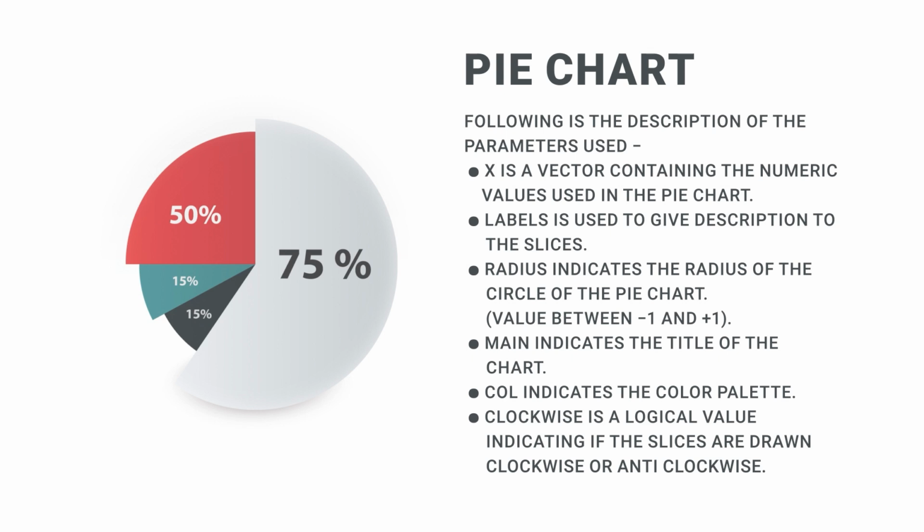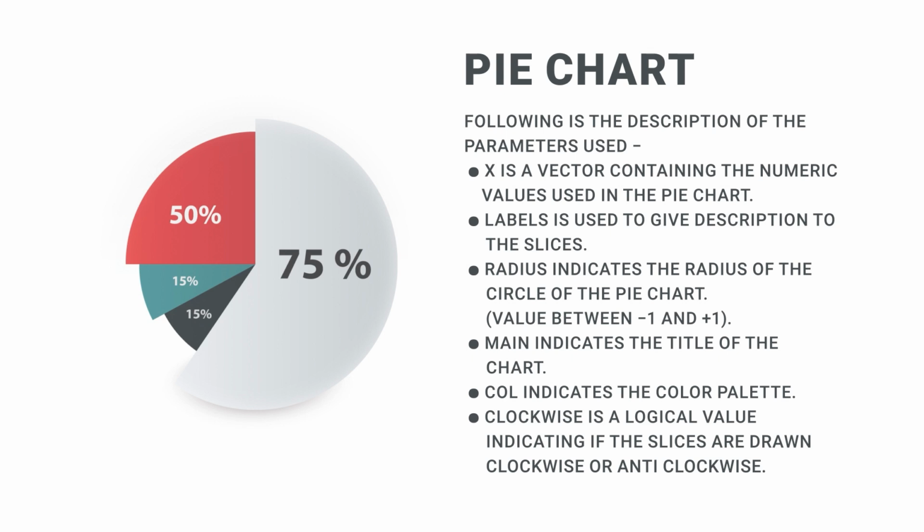Then there is col. Sorry, in the previous one I said col is column, but it's color, so it indicates the color palette. You can decide accordingly which color palette you want to use in a pie chart.